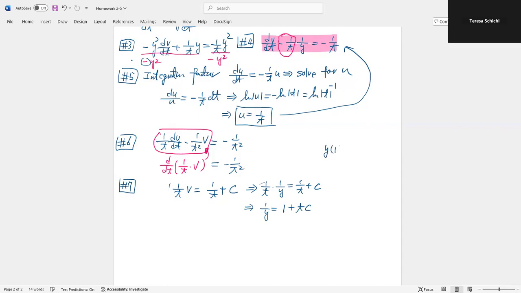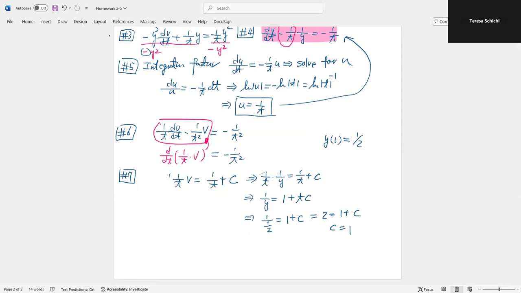All right, now substitute my initial condition. My initial condition here is y(1) equal to 1 half. So 1 over y, which is 2, is equal to 1 plus c. So c is equal to what? c equal to 1.